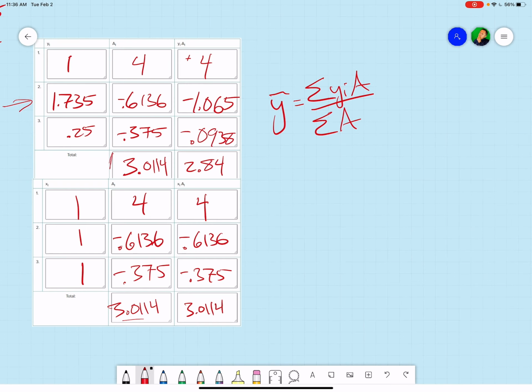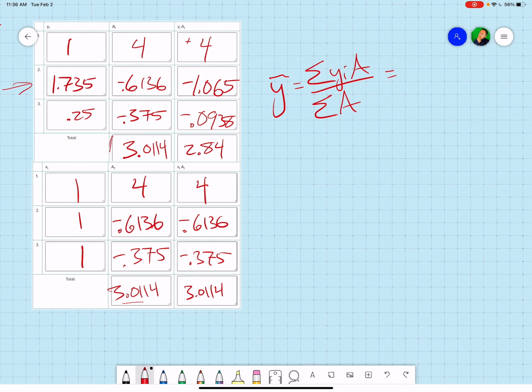Okay, so we're going to have 2.84 divided by 3.0114. Okay, so we can divide that out, and we're going to get basically 0.944.